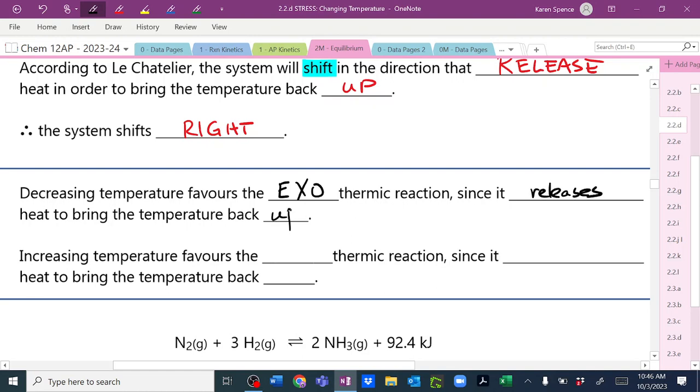Increasing temperature, therefore, must favor the endo. Remember, now we're turning that motion energy into potential energy stored in the chemical bonds. Since it absorbs energy and turns it into potential energy, it absorbs heat. You don't have to say this, but it's just for your own thought process, to bring the temperature back down.